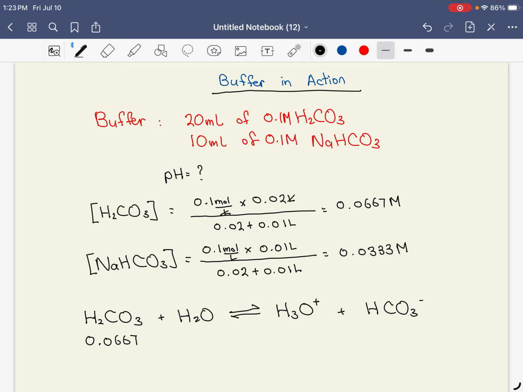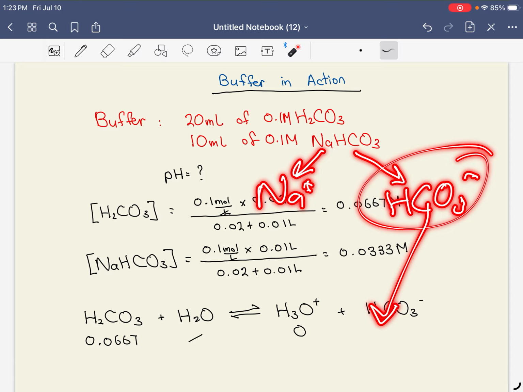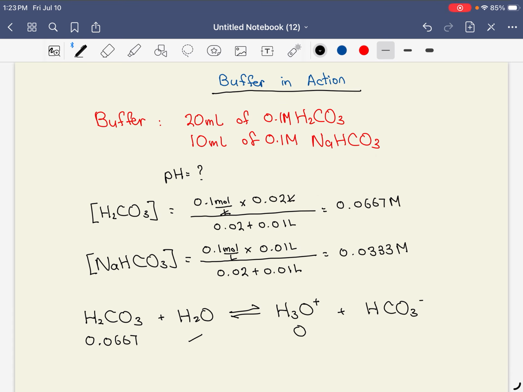This guy never plays a role. And let's say we don't have any of these, at least not yet. But do we have any of these? Yes, we do. Sodium bicarbonate obviously will break up into sodium plus and bicarbonate anion. So we do have bicarbonate here. In terms of bicarbonate, the final concentration here is 0.0333.